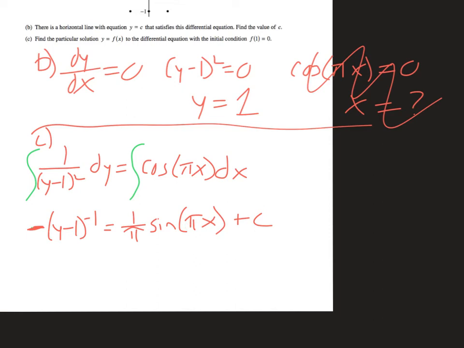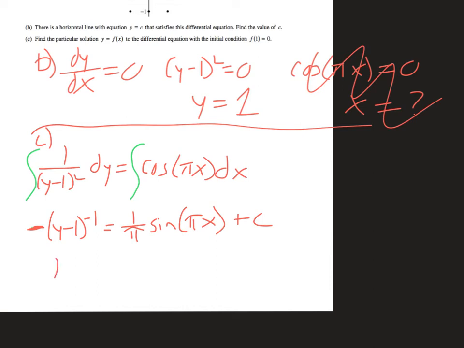Now we have this initial condition, f of 1 equals 0. So let's plug that in and go ahead and solve for c, and then solve for y afterwards. If we plug in 0 for y, we're going to get 1 over negative 1, and then we have negative that.